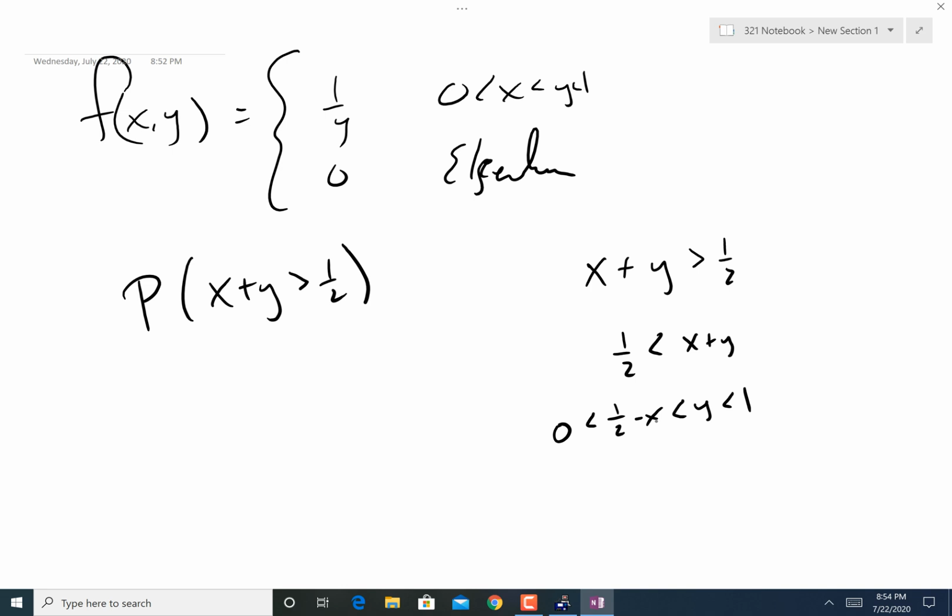So that's one way to think about it. Or, what I could also do in this case is solve for x like this and do it this way as well. All I care about is that x plus y needs to be bigger than a half. So I think what I'm going to roll with is the way I had it written the first time.